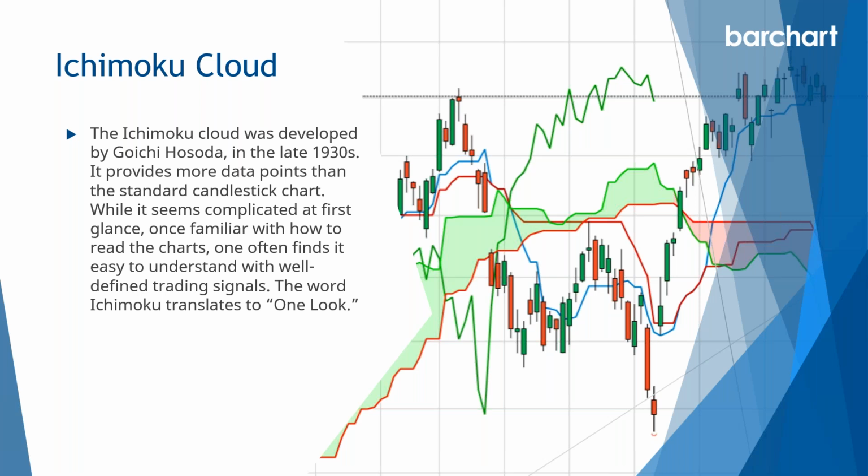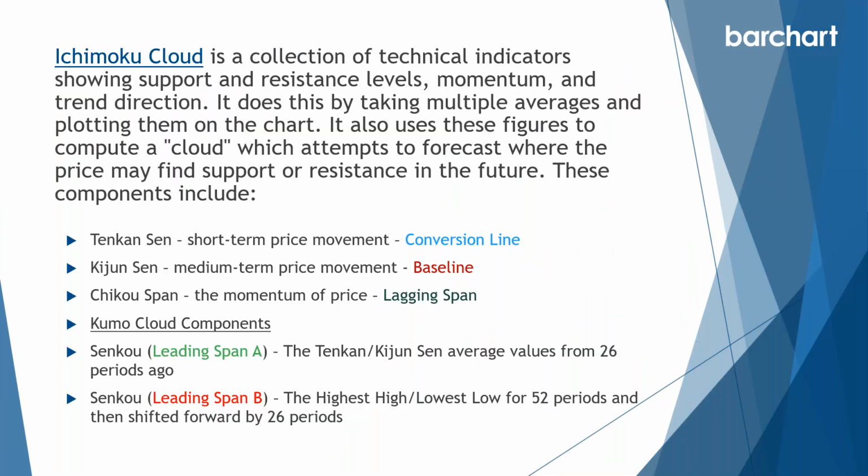Now, though at first glance this can be quite overwhelming, I assure you that by the end of today's session, you will be able to see through the clutter and with one look, be able to determine trend, momentum, and support and resistance.